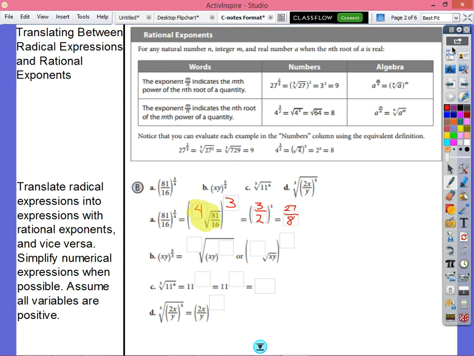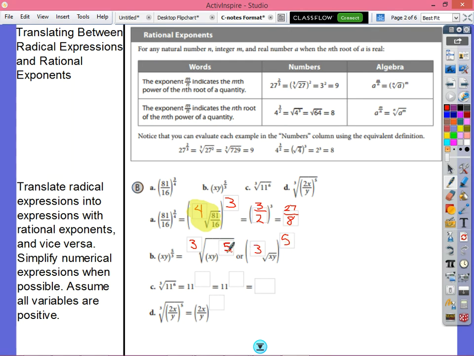XY to the 5/3. We put the 3 out here, so it's the cube root. The denominator goes on the outside of the radicand, and this would be to the 5th power. The 5 can either go inside the radical or outside the radical.